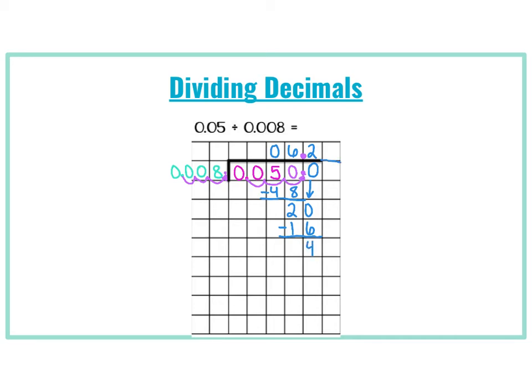Again, I have a remainder, so I need to add another 0 in my dividend and bring it down. 8 can go into 40 5 times. 8 times 5 is 40 exactly. So we have a remainder of 0. And our answer is 6 25/100.